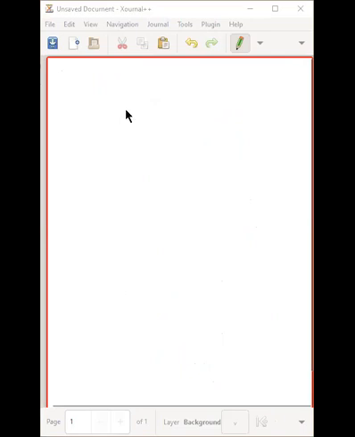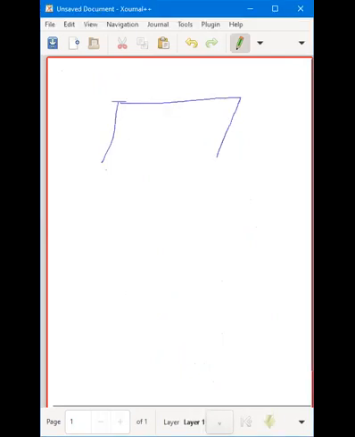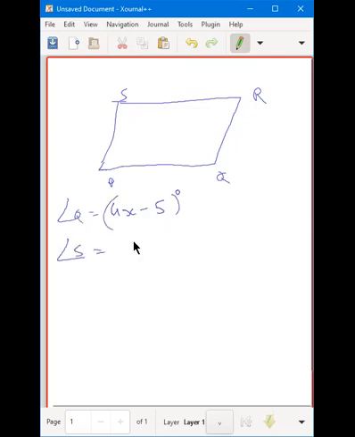Okay. We are given a parallelogram PQRS. Angle Q is equal to 4x minus 5 degrees. Angle S is equal to 3x plus 10 degrees.